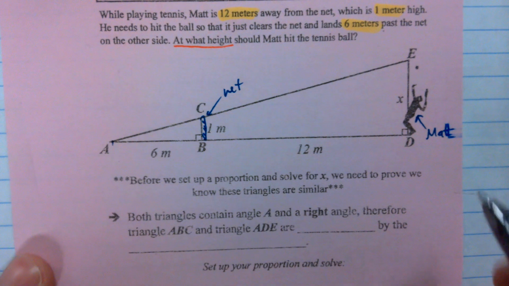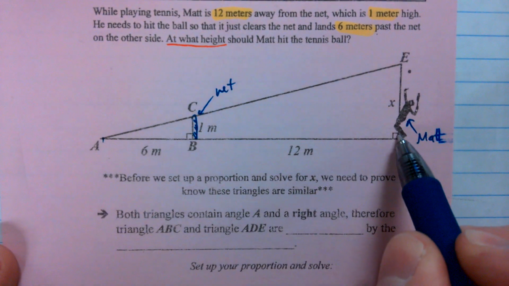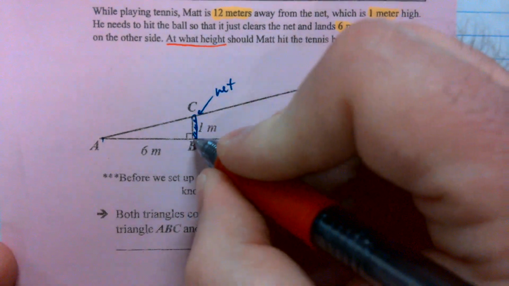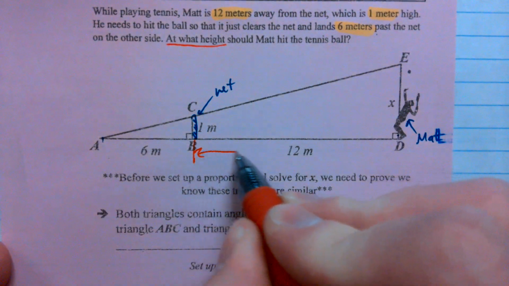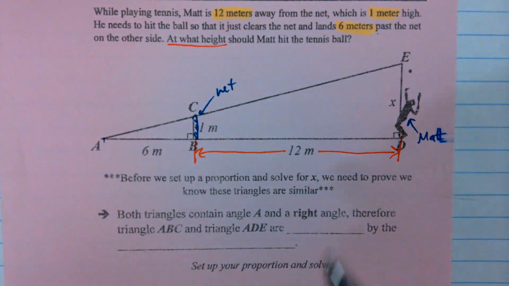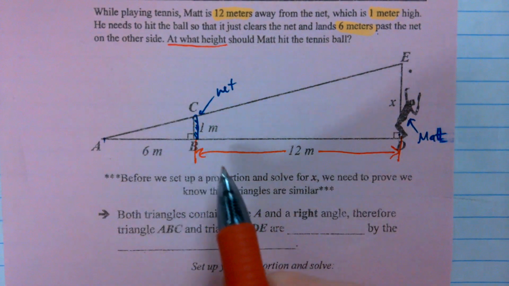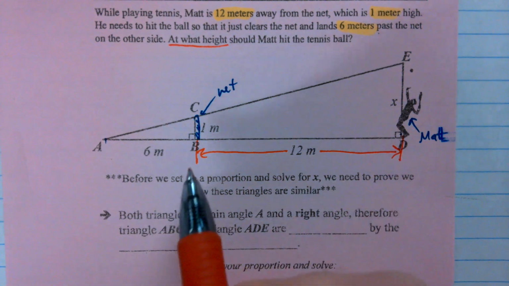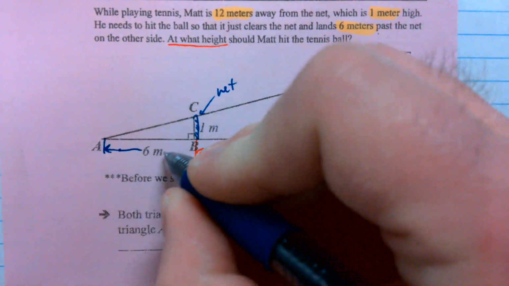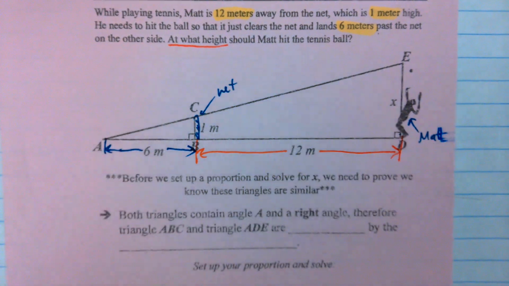Kind of. Okay, good. So the distance between Matt and the net is 12 meters. I'm going to do a little arrow here so we know. The distance between Matt and the net is 12 meters. And we want the distance from the net to the landing point of this ball to be 6 meters.